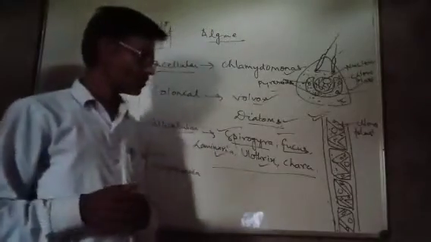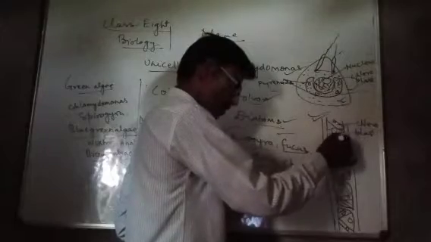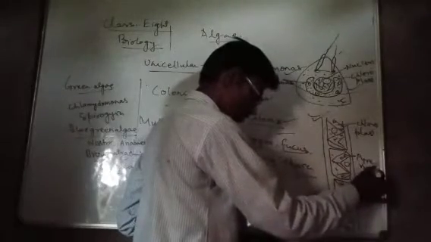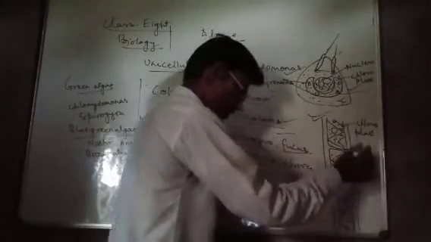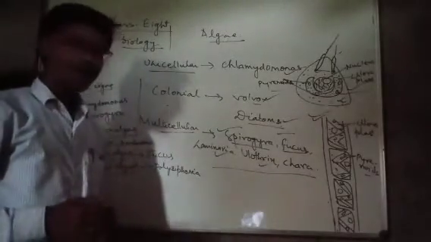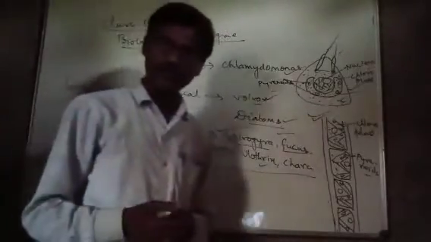The chloroplast contains starch granules, pyrenoids. These are pyrenoids. Each cell contains a nucleus and other cytoplasmic organelles.